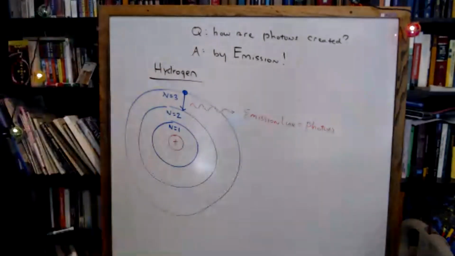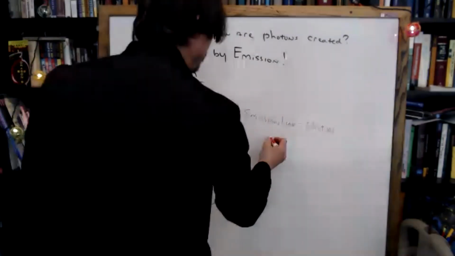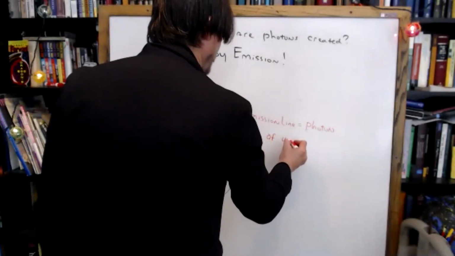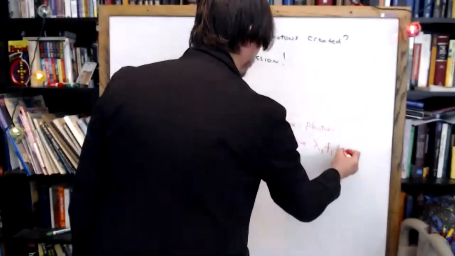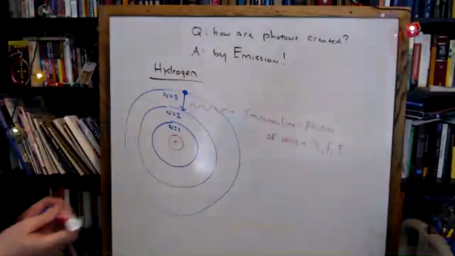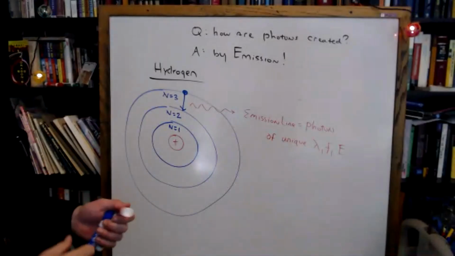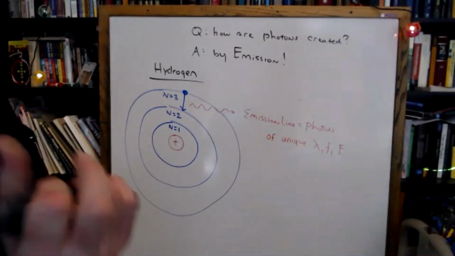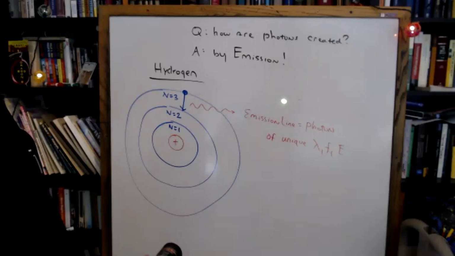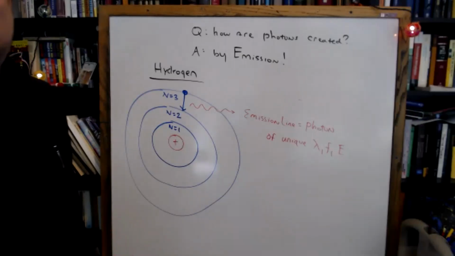An emission line is basically a photon that has a unique wavelength, frequency, and energy. You can think of a laser as being kind of like an emission line, because there are atoms in this laser which are emitting a green light at exactly 532 nanometers.